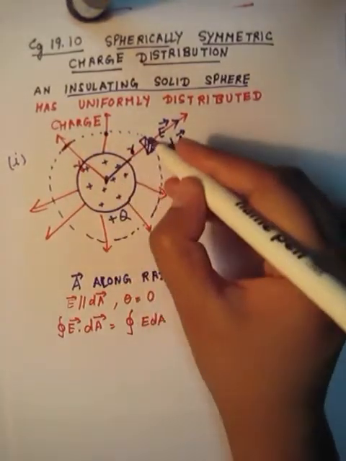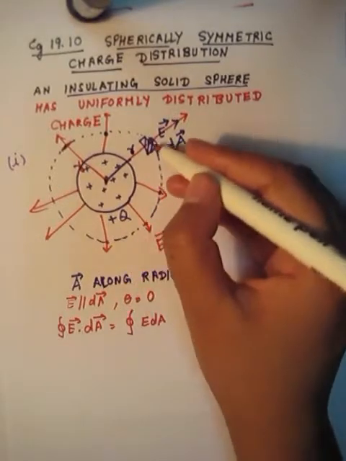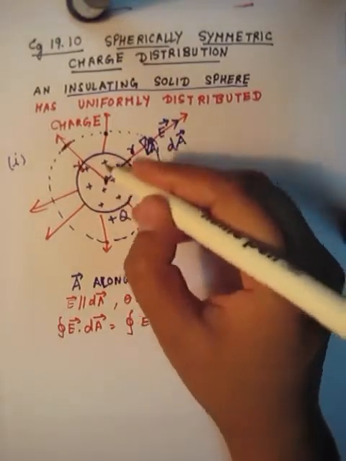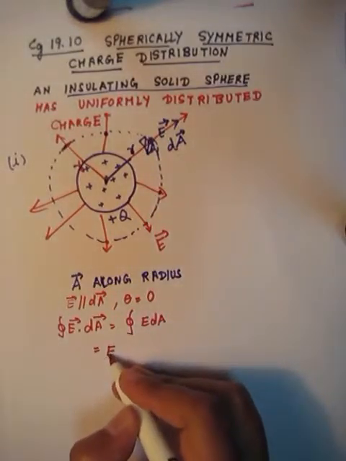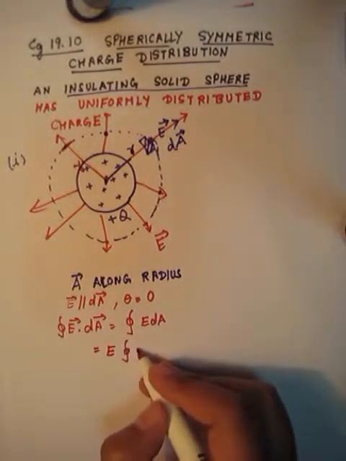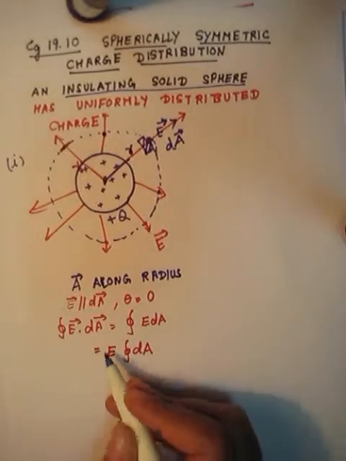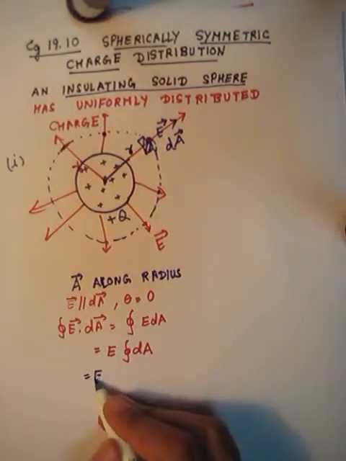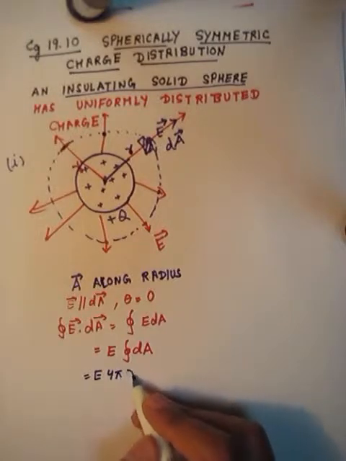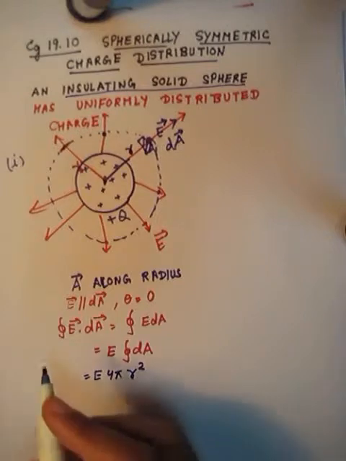So the electric field on the surface will be constant, because it depends only on r, and the charge is constant, r is constant. So we can take the electric field outside the integral, and it will be E times the integral of dA. Now because it is a sphere, you know the surface area of a sphere is 4 pi r square. This is the left hand side of the equation.